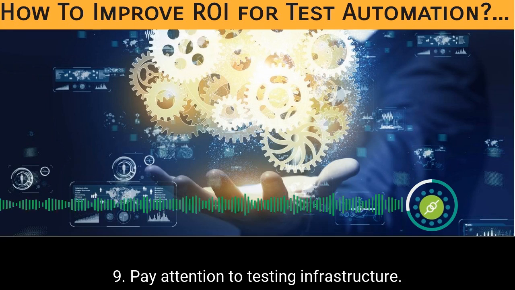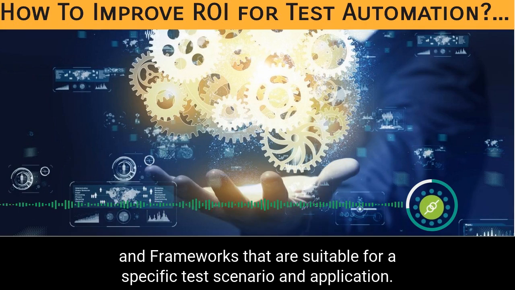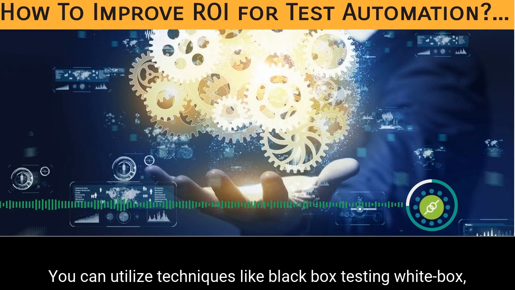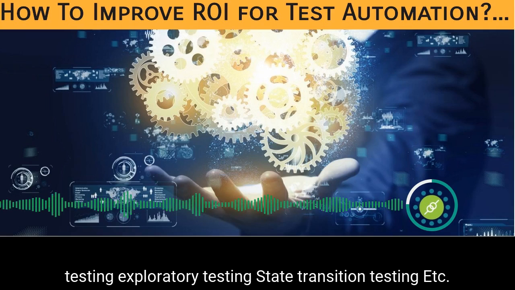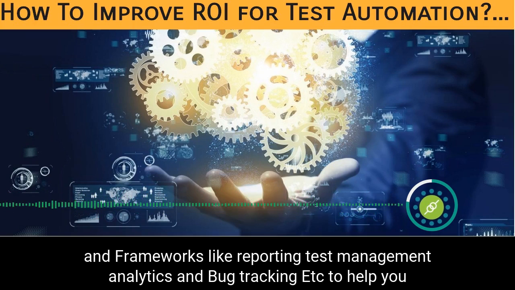9. Pay attention to testing infrastructure. You must use tools, techniques, and frameworks that are suitable for a specific test scenario and application. You can utilize techniques like black box testing, white box testing, exploratory testing, state transition testing, etc. You can use the right tools and frameworks like reporting, test management, analytics, and bug tracking, etc. to help you.